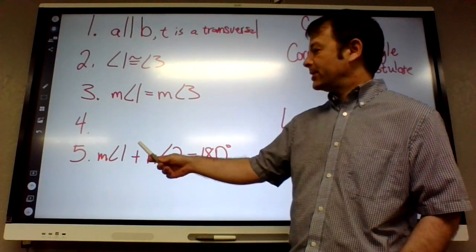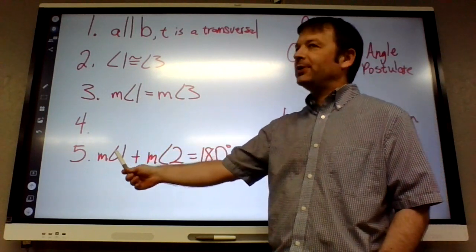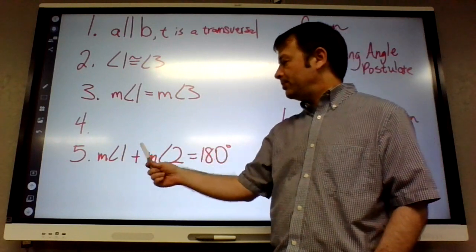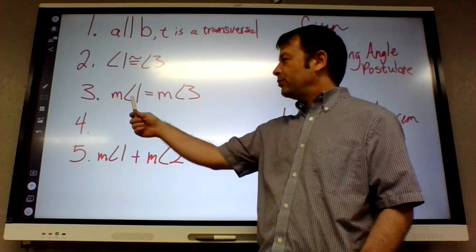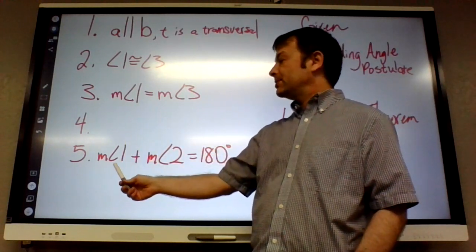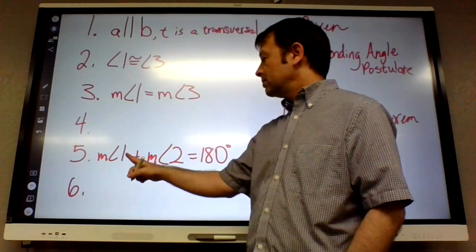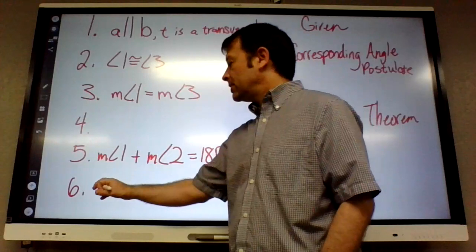Guys, look up here for a second. If you look at this, you can kind of see where they're headed with it. 1 is equal to 3. 1 plus 2 is 180. So if 1 and 3 are the same, what can we do to this? 3 plus 2 is 180. Right.